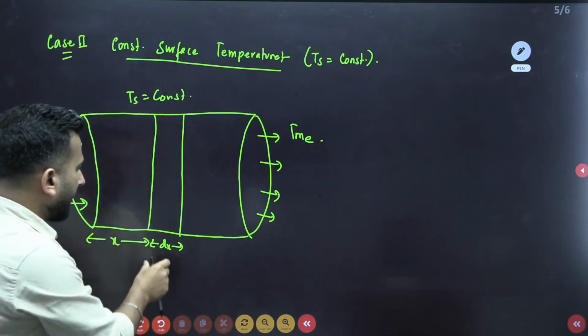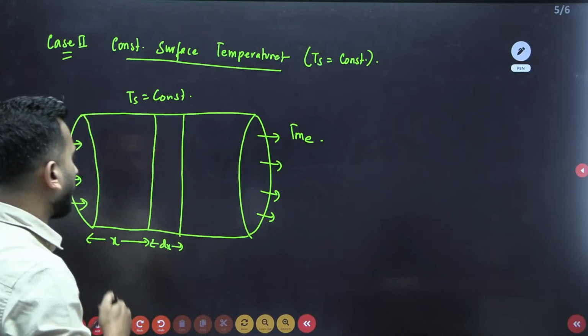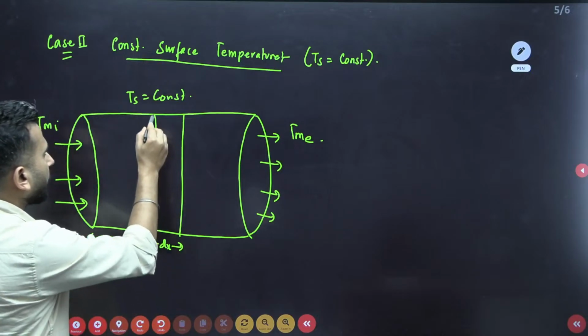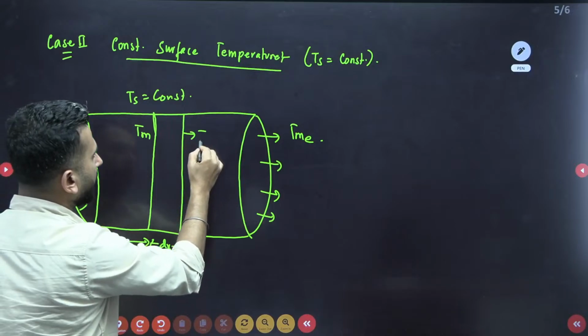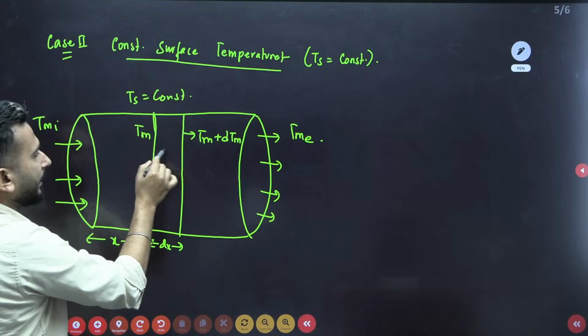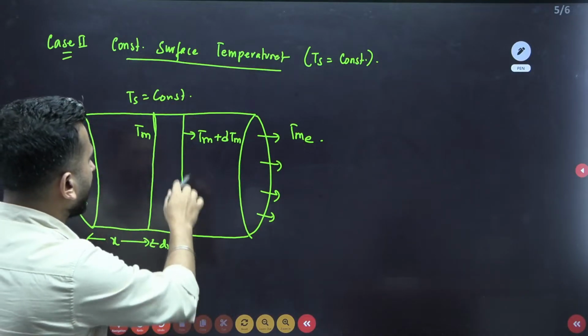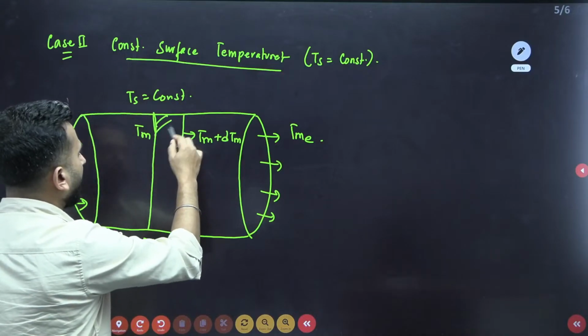I will study the heat transfer in a very small dx portion. So let's say that here the mean temperature is Tm. Somewhat here it will be Tm plus dTm. Some slight increase in temperature of the fluid is taking place, and it is Tm plus dTm. Okay. And this is the dx portion where I am going to analyze.